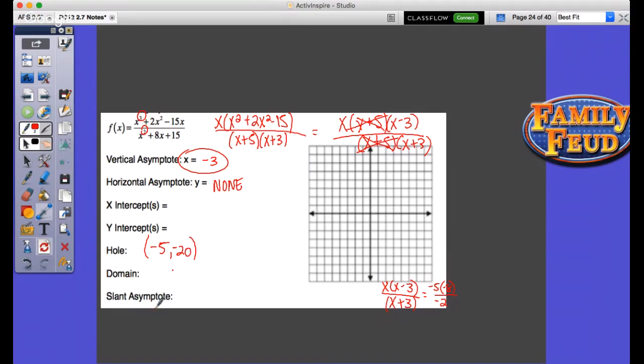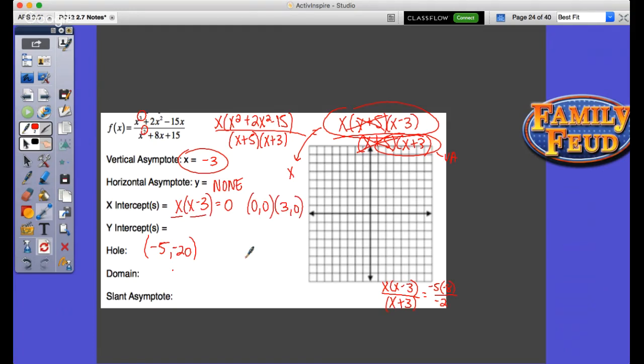Okay. As I go to the x-intercepts, I recognize the top we set equal to 0, and the bottom would be more like the vertical asymptotes. Since I've already got x and x minus 3, I set them both equal to 0 to produce (0, 0) and (3, 0).